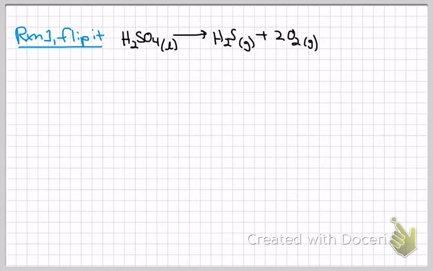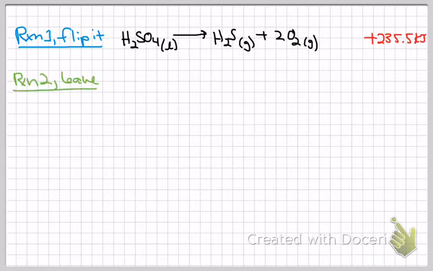Of the 3 equations I was provided with, reaction 1 is the only one that contains sulfuric acid, and I just had to get it into the right position by flipping it. Now when I flip it, that means that the sign of the enthalpy change for this reaction changes. It was negative in the original reaction 1, but in the flipped version it becomes positive.